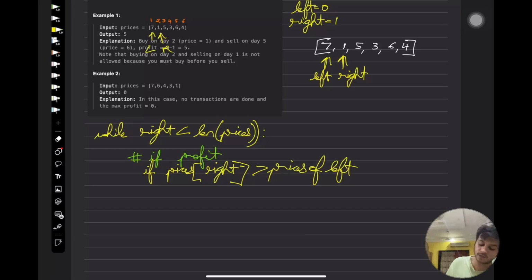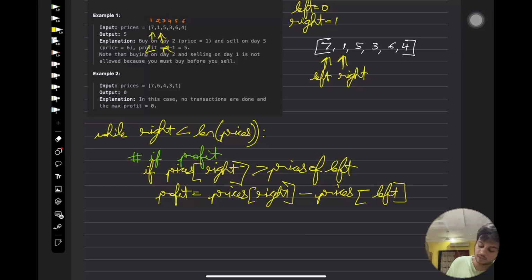So in that case, I will calculate how much the profit was: profit equals prices of right minus prices of left.